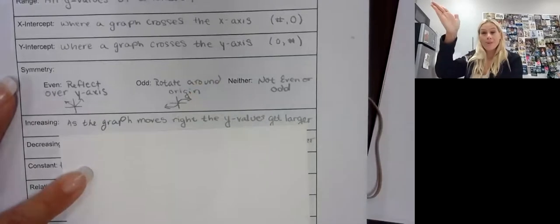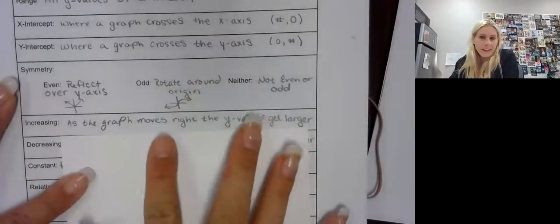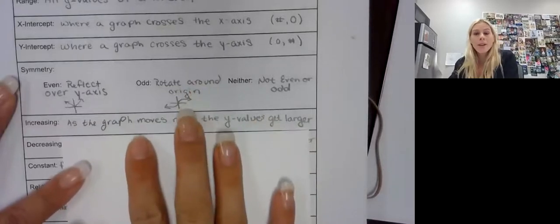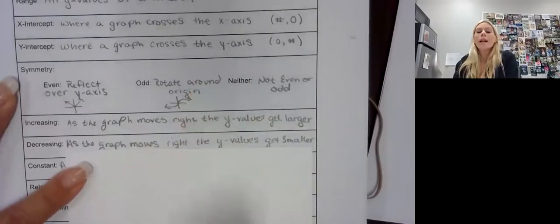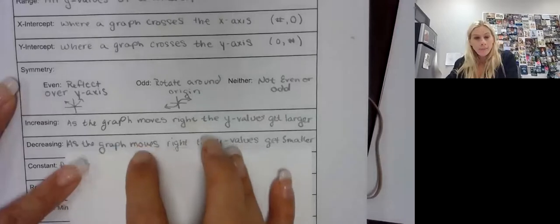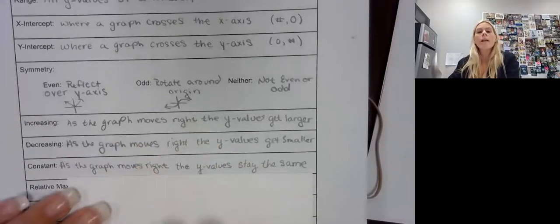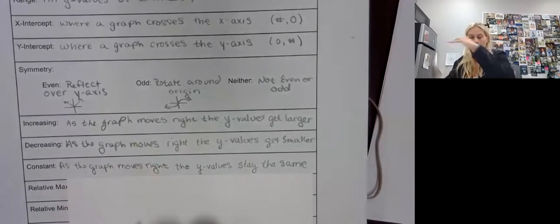So that's what I meant by it goes up, right? For decreasing, same thing, except the y values get smaller. So as the graph moves right, the y values get smaller. Constant is as the graph moves right, the y values stay the same. Okay, so it's just horizontal like that.